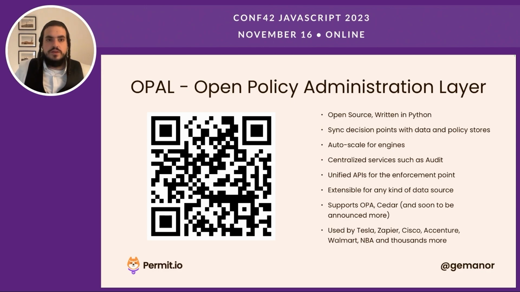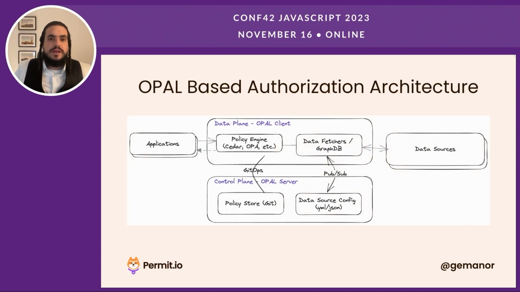Here you can see the QR code. It leads to the GitHub repository of Opal, where you can see everything related to Opal and how to spin it up. We'll also do a demo soon. And Opal, as you can see here, is a complete authorization service that you need for all your applications.